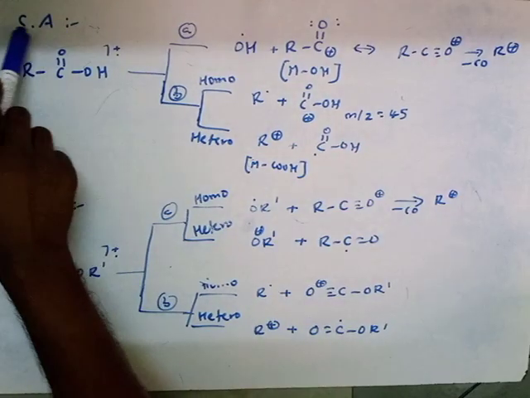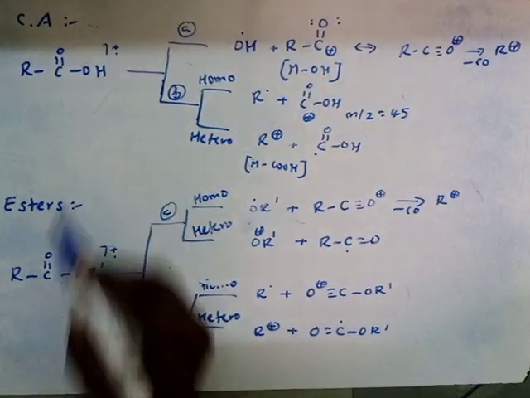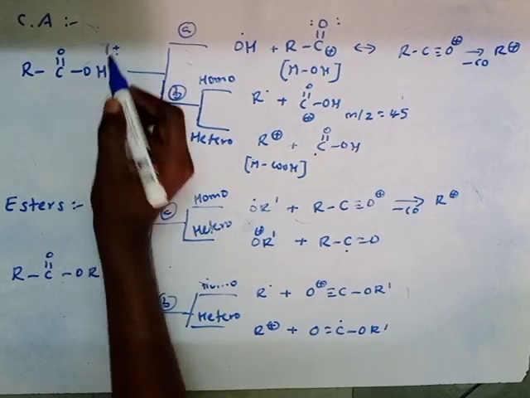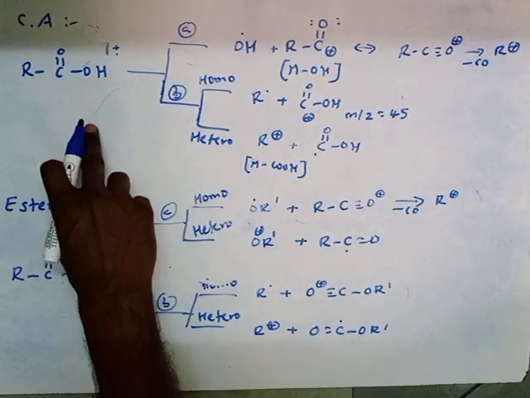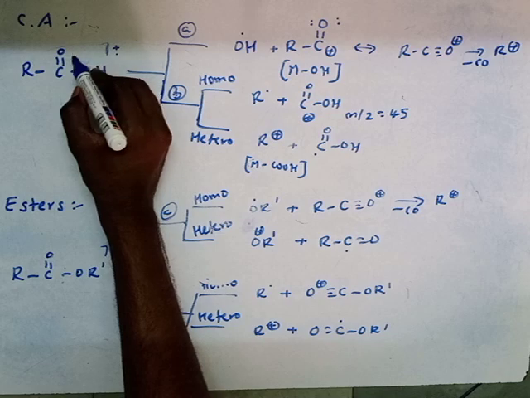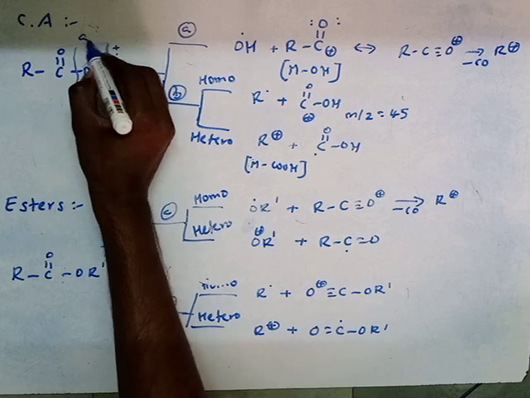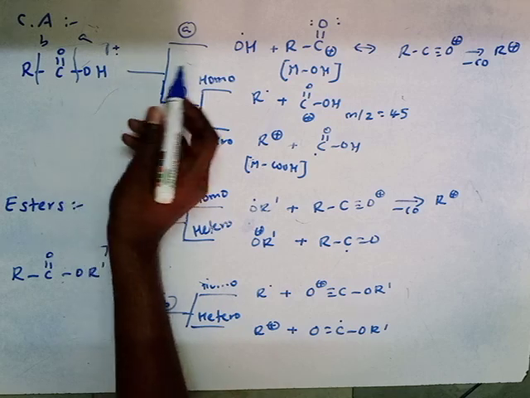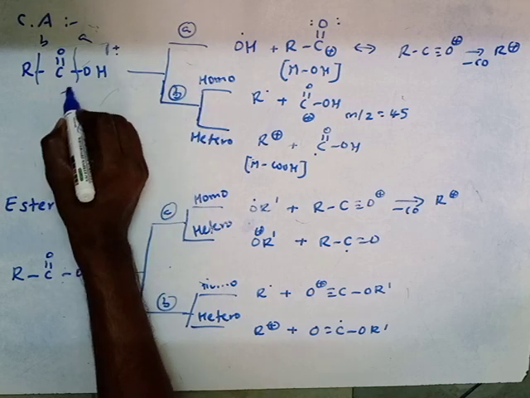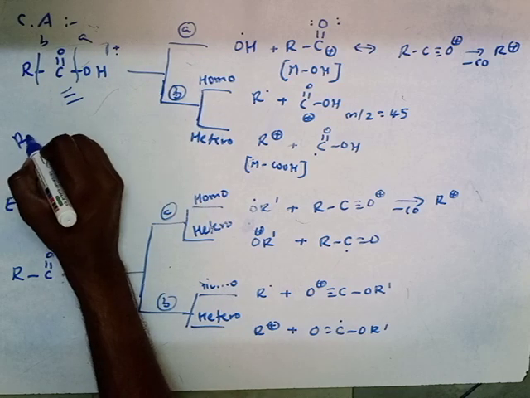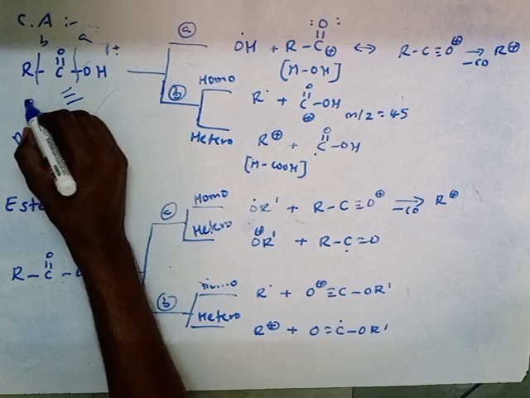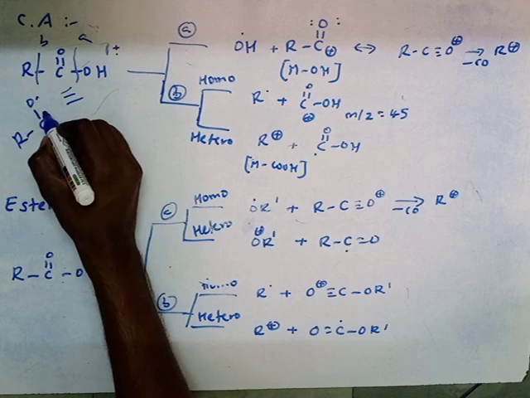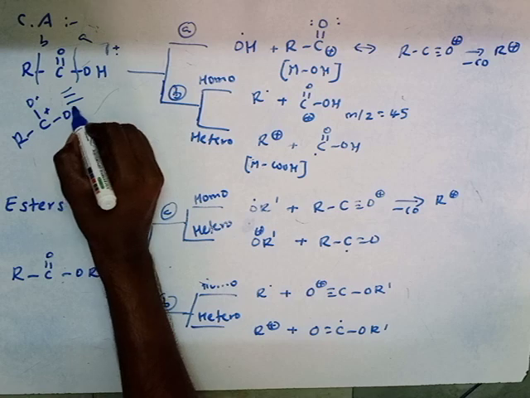Similarly, carboxylic acids. This is the functional group of carboxylic acids, and it will undergo two types of cleavages. This is A type, and here B type. If we are taking A type, that means it is a homolytic cleavage, and the molecular ion we can write like this: CO dot plus and OH.